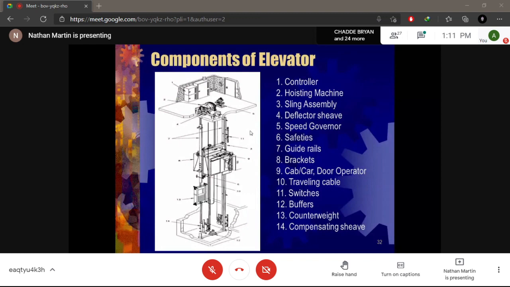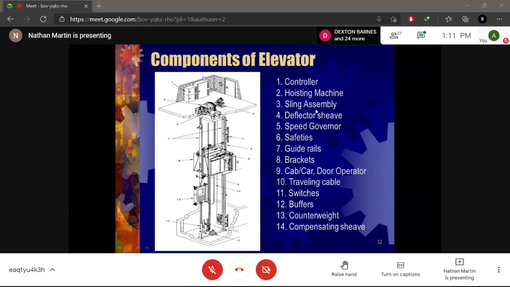So here is a typical example of what the components of our basic elevator look like. This is the top of the building. You'll probably have a maintenance house here, or it can be open to the atmosphere like this. You have your controller, which is housed there. You have a hoisting machine, which is really your motor.